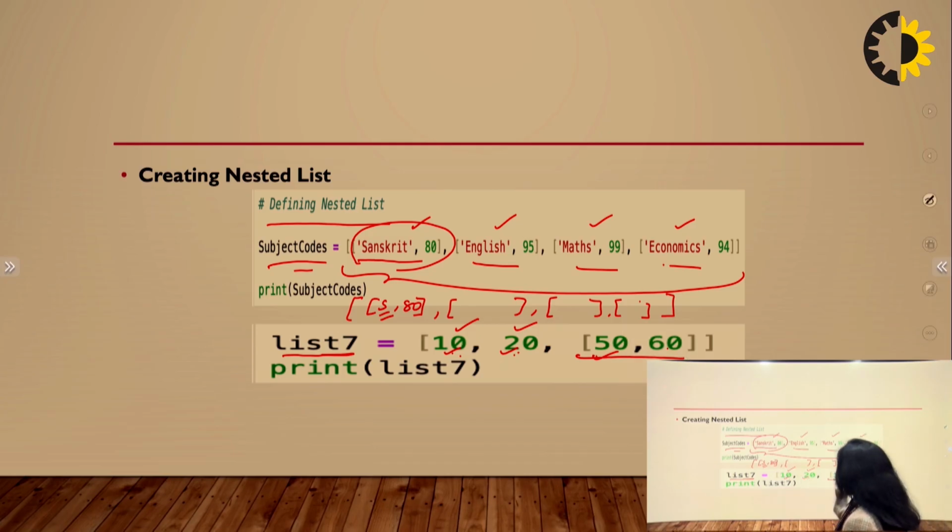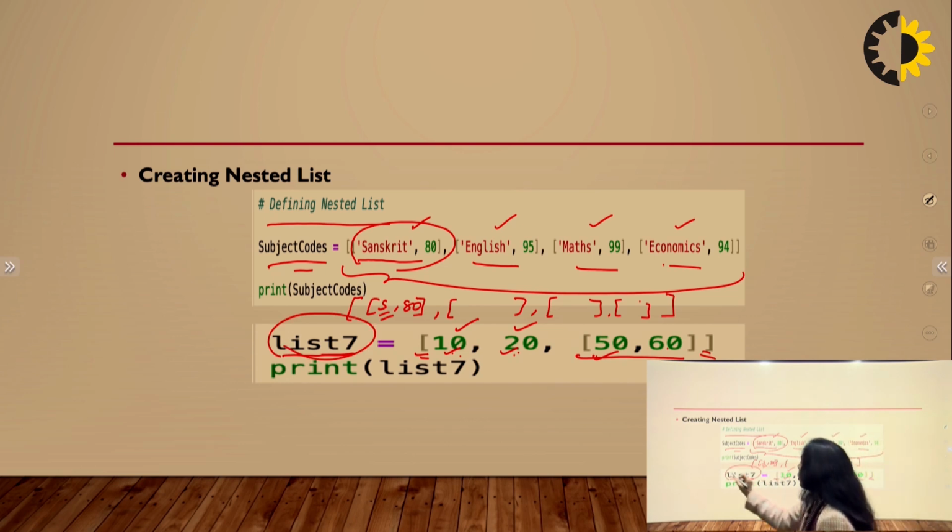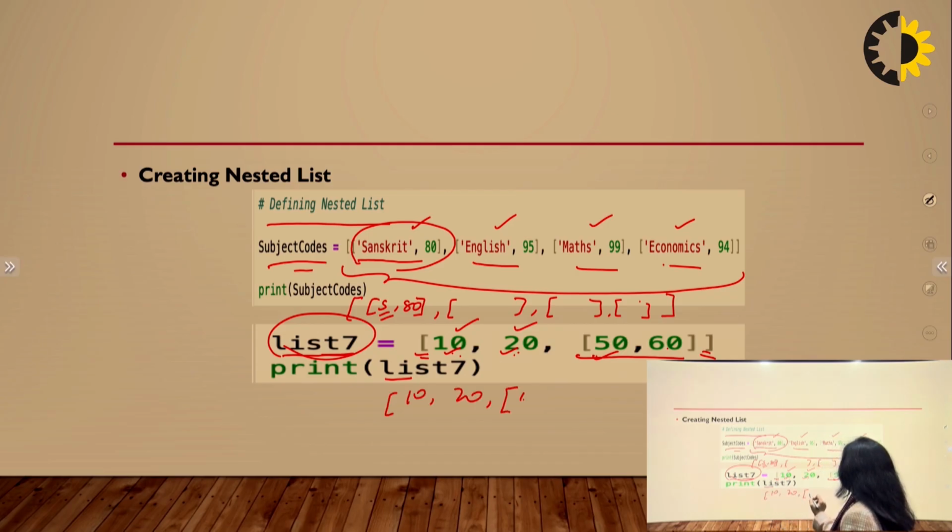All three items, all three values, are nested inside this square bracket. So this list7 is the collection of two numbers and one list. When we print it, we can get the values 10, 20 and the list 50, 60.